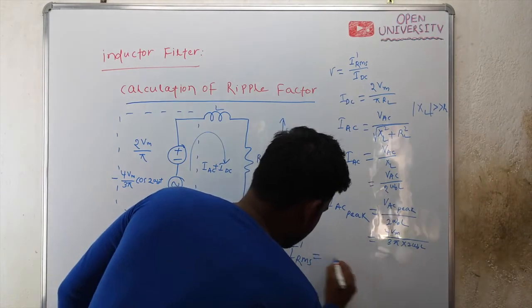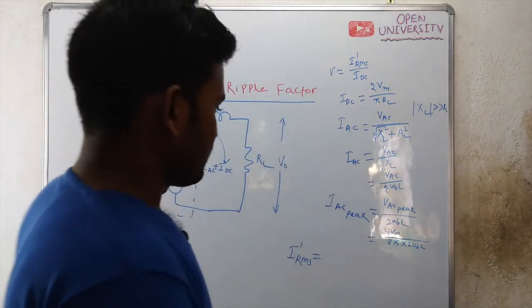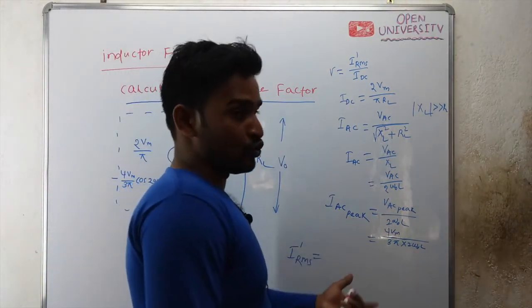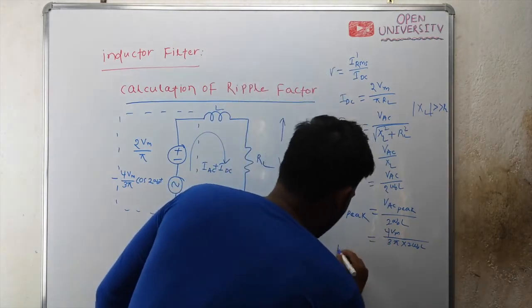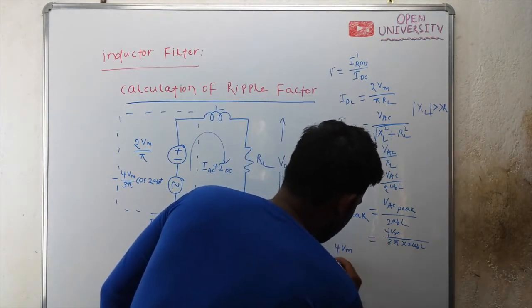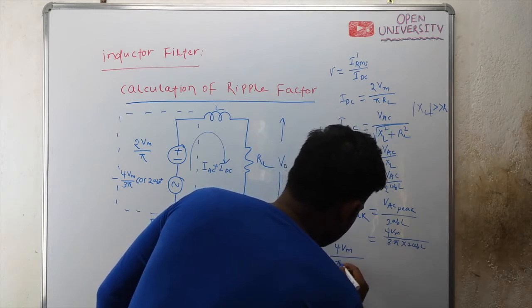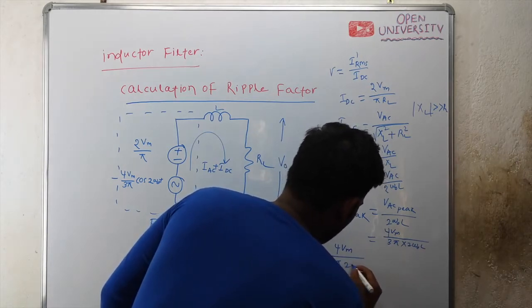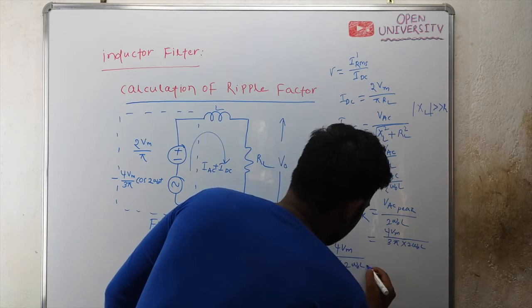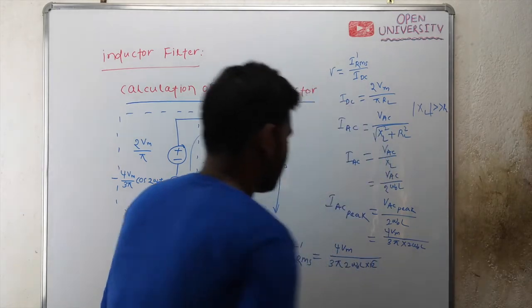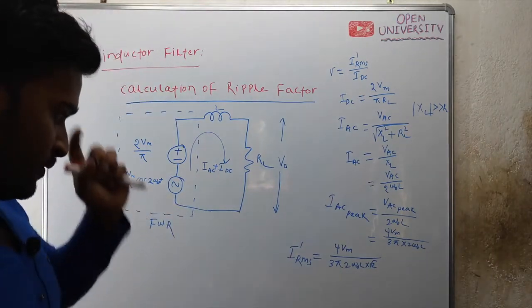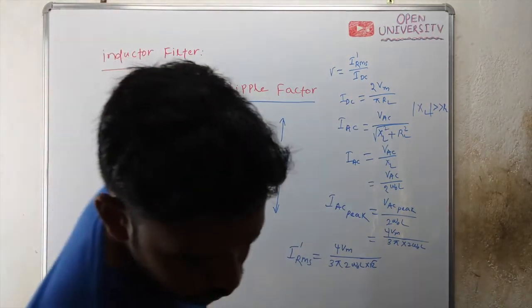I'RMS is the peak value by root 2, which is 4Vm by 3pi into 2ω₀L into root 2.